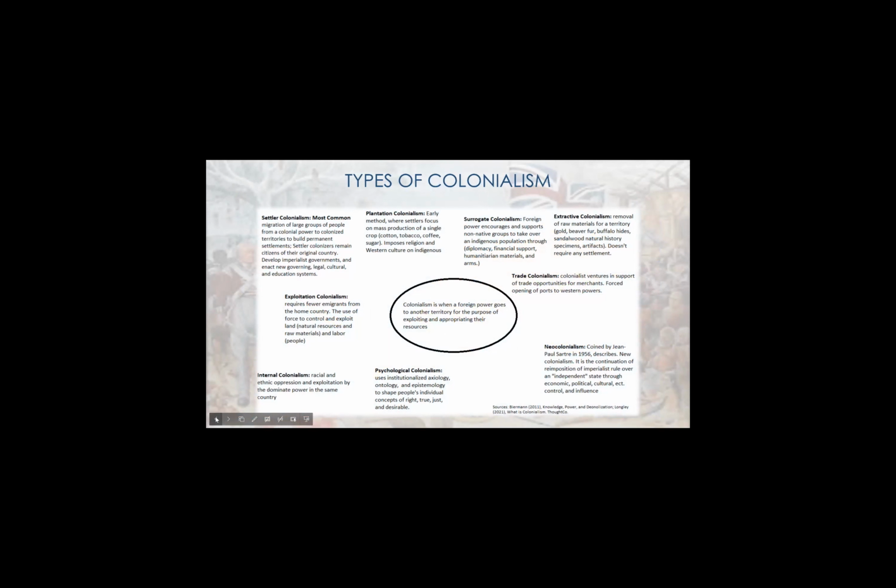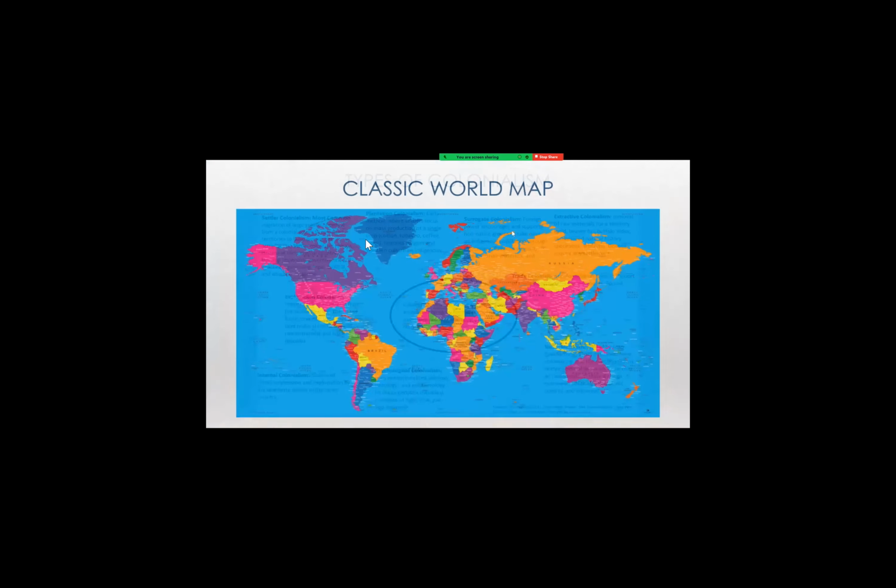Okay, so I also wanted to introduce you to some types of colonialism. Colonialism is when a foreign power goes to another territory for the purpose of exploiting and appropriating its resources. Its resources can and does also include its people. There are many different kinds of colonialism. These are a few. The most common types that we talk about are settler colonialism and extractive colonialism.